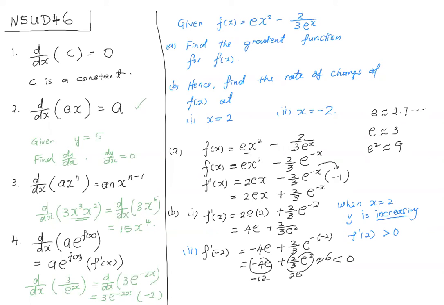So during the exam, I can ask you like that. I say you cannot use a calculator, so you must learn how to approximate. I can say when x equals negative 2, is y increasing or decreasing? Decreasing, because your f prime negative 2 is negative. So you must have this in mind also.